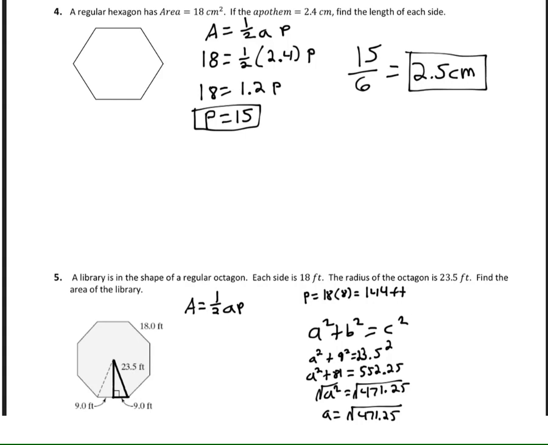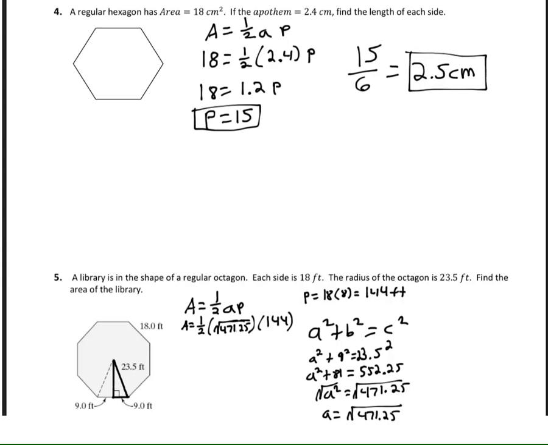Now all I have to do is plug it into my equation up here and find the area. Area is equal to 1/2 the apothem, which is the square root of 471.25, times the perimeter, which is 144.